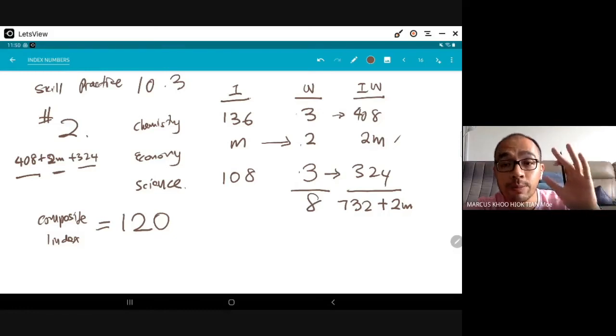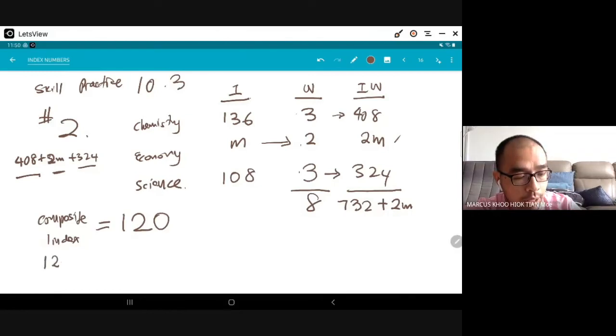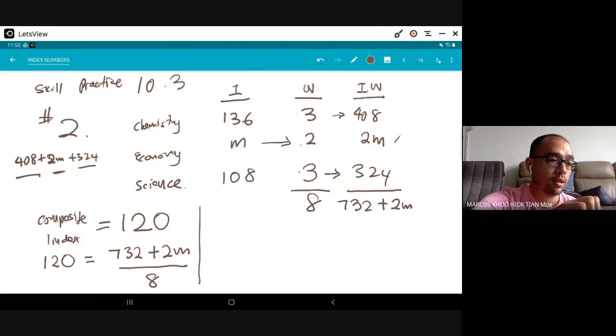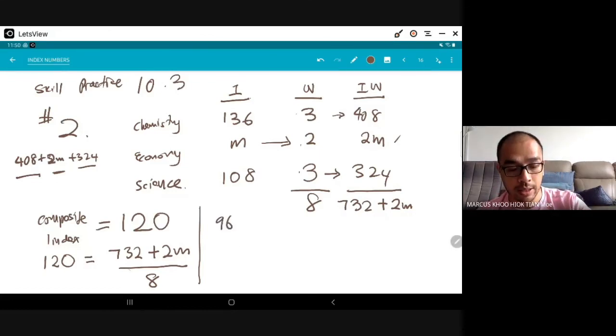Okay, now let's put the entire thing into the formula. It will be 120 equals 732 plus 2M over 8. Then we can find M already. 120 times 8 is 960.